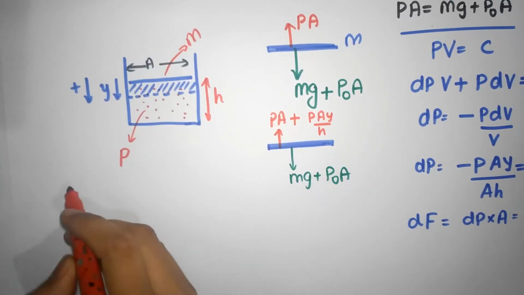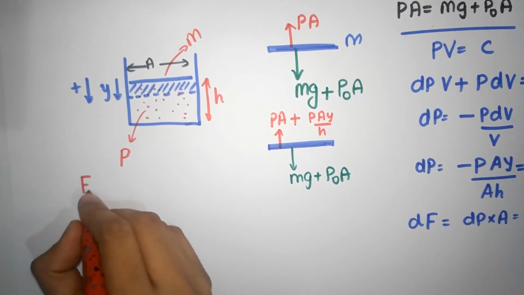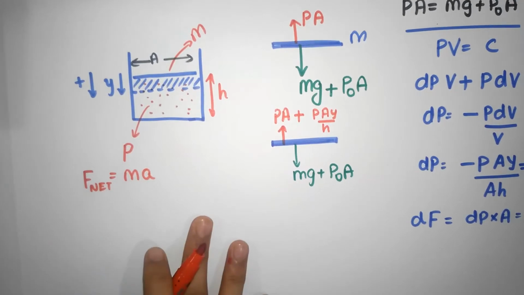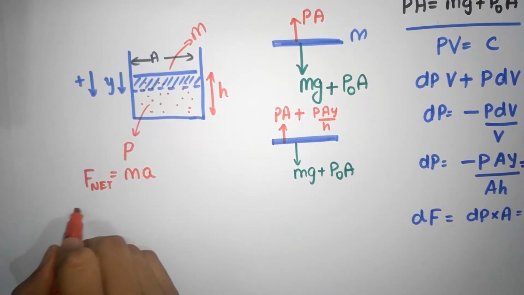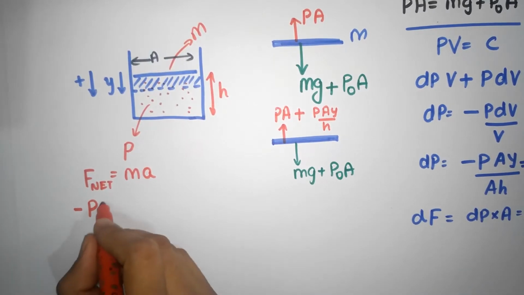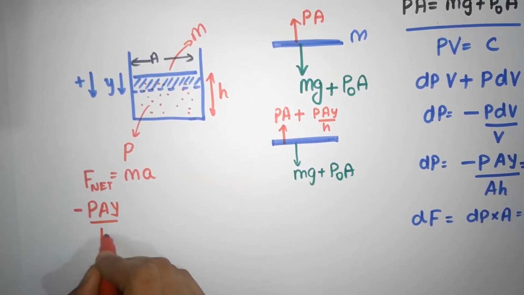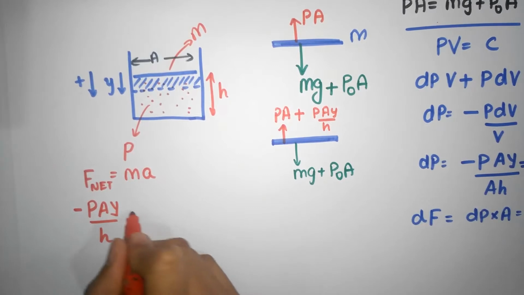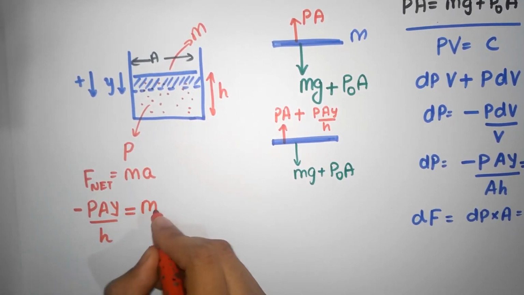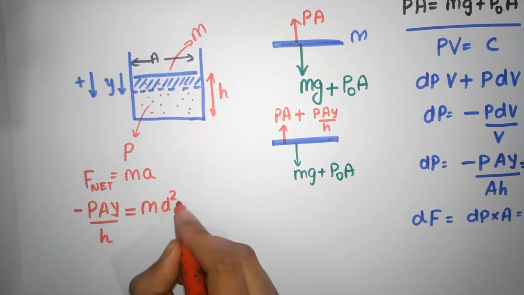So let's build a differential equation now. Net force must be equal to mass times acceleration. And the net force is negative, because it's upwards, so when I put the differential equation, I need to take care of my signs. It's minus PAy divided by h, equal to mass times acceleration, which is m d square y by dt square.